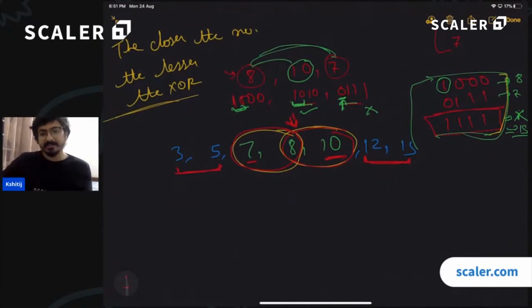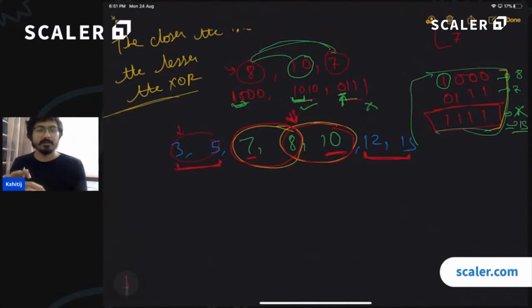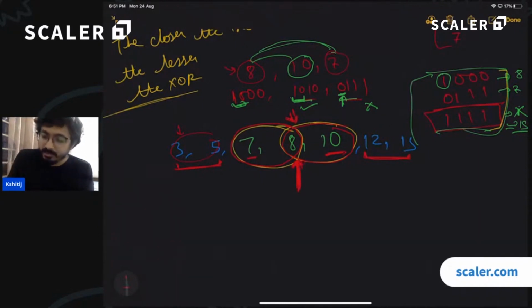That is why, if you sort all the numbers and check the XOR of all possible pairs, you will get the minimum XOR out of all the possible pairs. The minimum XOR involving 8 is going to come either from 7 or from 10. It will not come from these numbers.